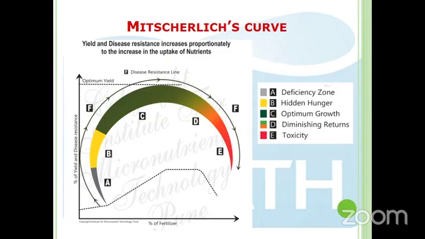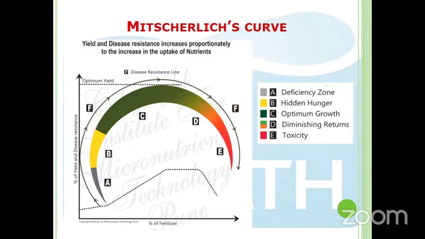Once we increase the fertilizer, the crop growth will go into the green zone, that is optimum growth or optimum yield. And once we pass that green zone, the applied fertilizer will work as a poison or toxin to the growing plant instead of working as a fertilizer.